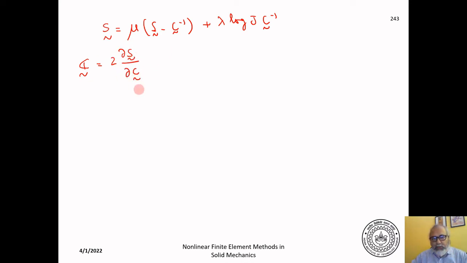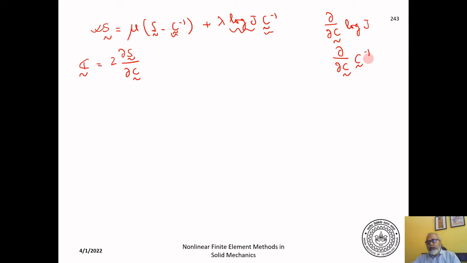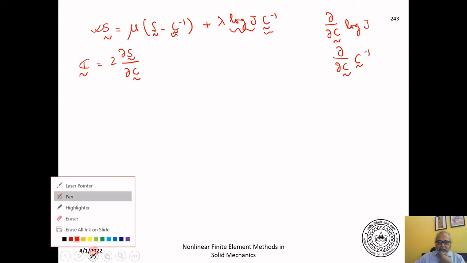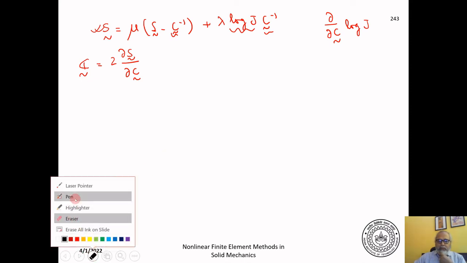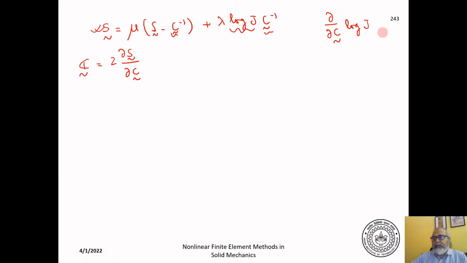Now, to do this del S del C from this expression, we need to know del C of log J, which will appear because of this term, and then we need to also know del C of C inverse. C inverse appears here and here, so we need to know this. So we'll come to this a little later. Let us deal with this first.